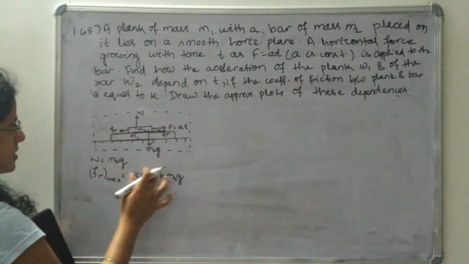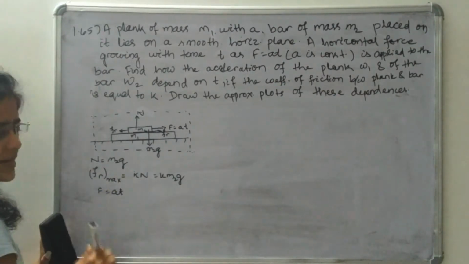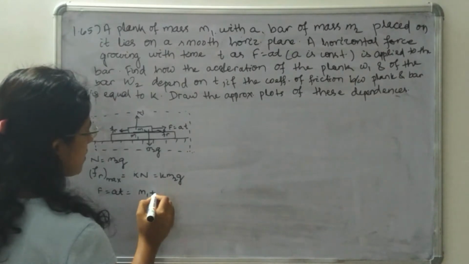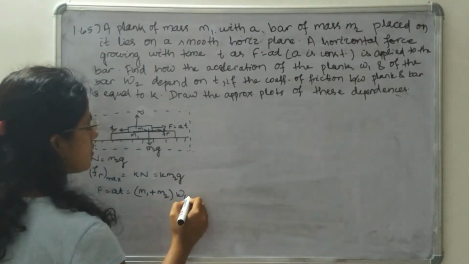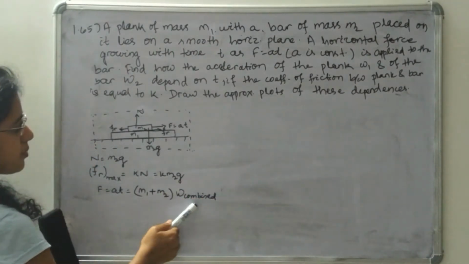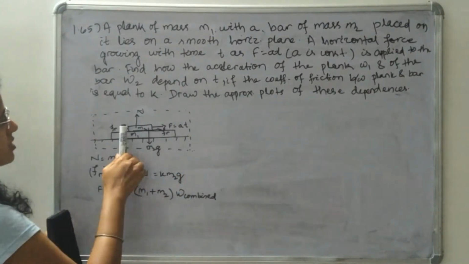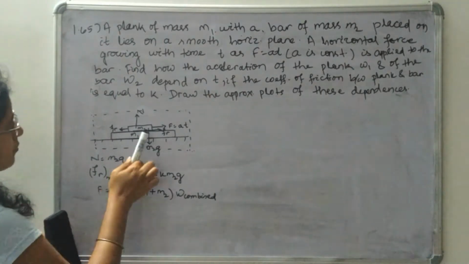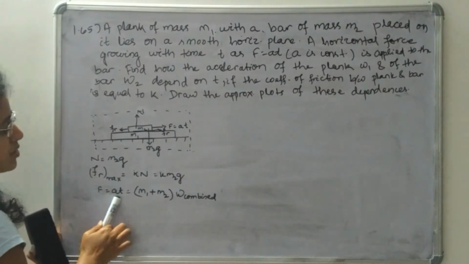So for this complete system, F is equal to how much? At. Okay, and how much is it? (m1 + m2) into W combined, that is, you can take W combined as the acceleration of this system. I have considered this bar and this plank as a complete system, and if we draw the free body diagram of this complete system, then you can see that F = At.